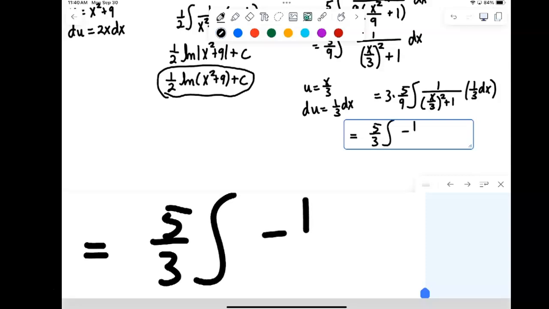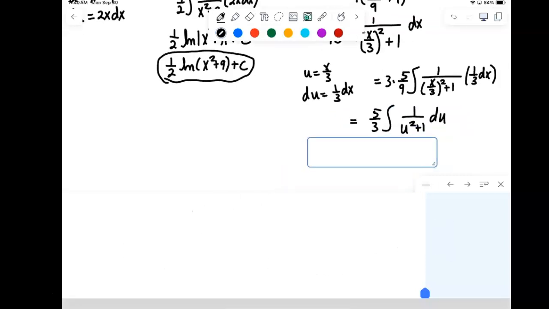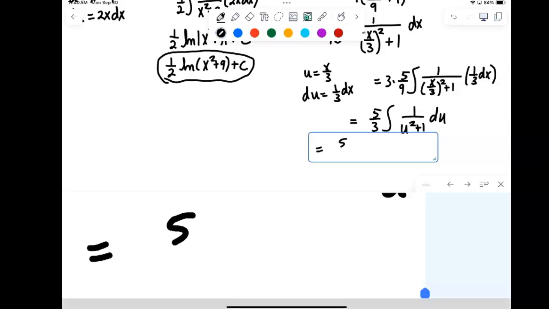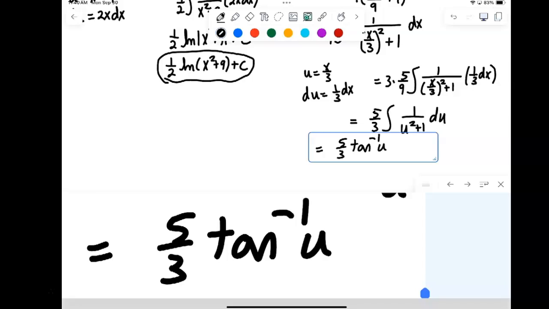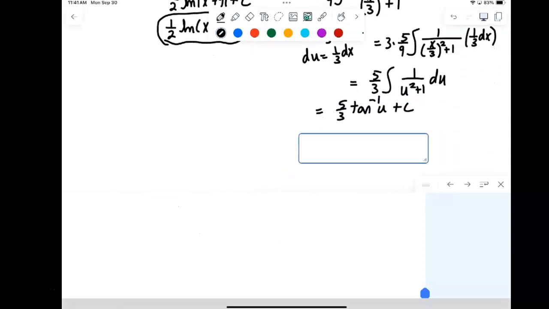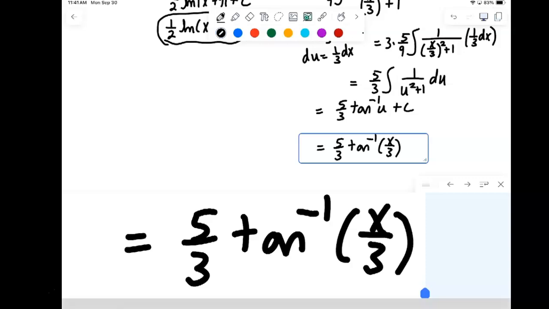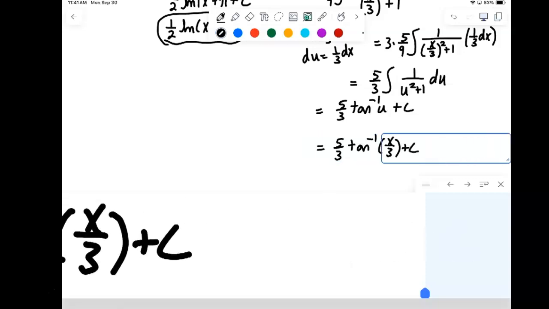I have the integral 1 over u squared plus 1 du, which is what I needed for the inverse tangent. So 5/3 inverse tangent of u plus a constant. And then finally substitute in for u: 5/3 inverse tangent of x over 3 plus a constant.